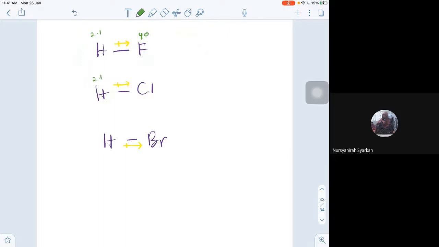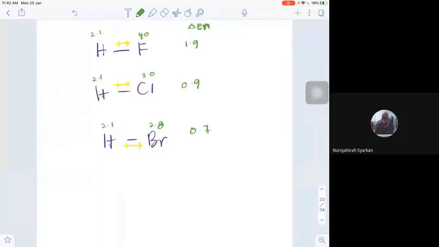Hydrogen is 2.1, chlorine is 3.0. Hydrogen is 2.1, bromine is 2.8. So the delta EN for the first one will be 1.9, here is 0.9, and here is 0.7.